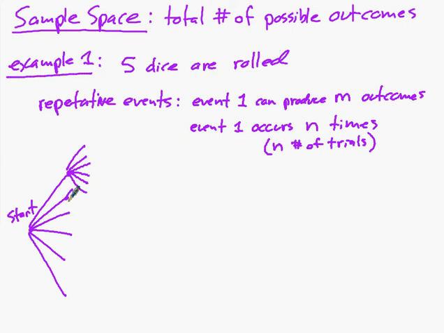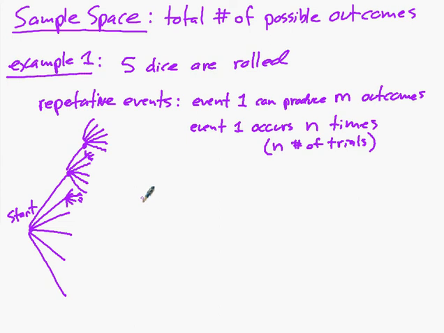And you can see that these get very complicated very quickly. And then, of course, this is the first die roll, second die roll, third die roll. We go up to 5, and all of these are going to be branching, and it's hard to draw them all in. But because it's repetitive, the number of branches are all the same.